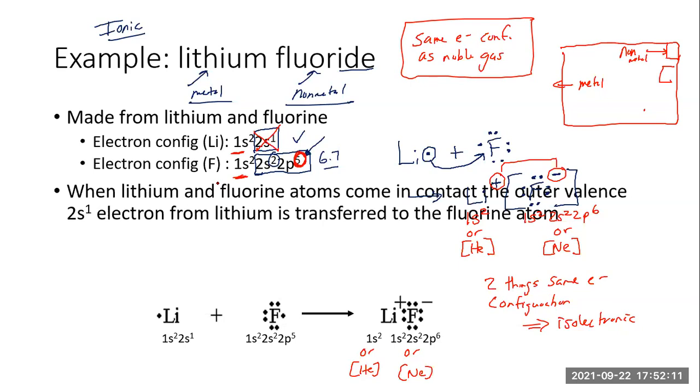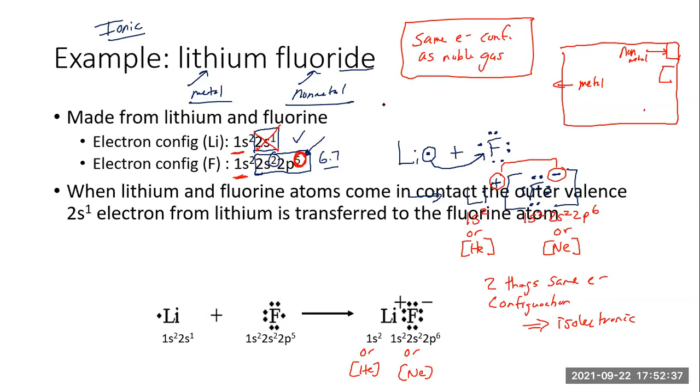Other questions? Professor, so this is only going to happen when we get to fluorine 9, chlorine 17? So are you talking about this type of situation that's occurring with the transfer of electrons? Yes.